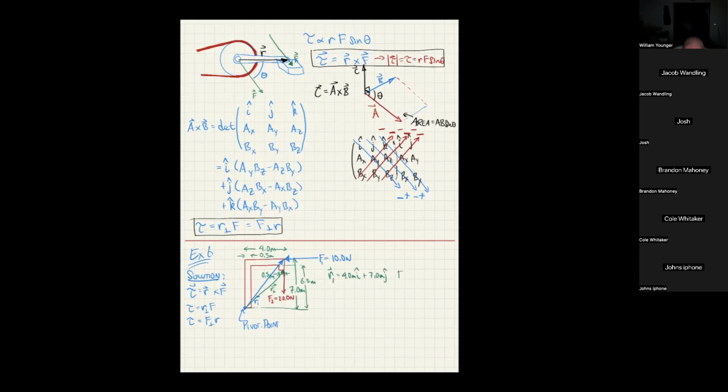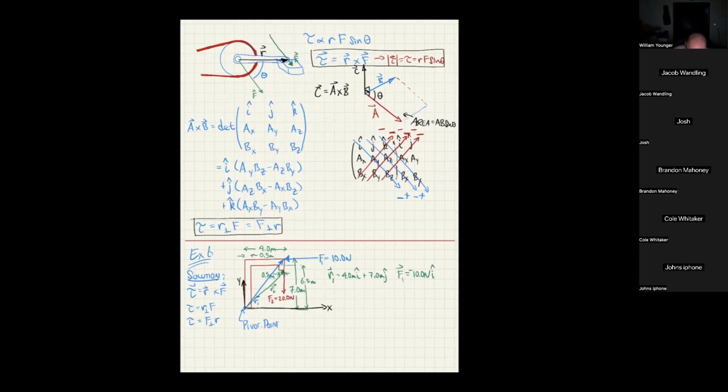And then I could say F1 is actually equal to 10.0 newtons, and that points in the negative I hat direction. In other words, I'm treating the pivot point as the origin of the coordinates, and I'm treating this as my x-axis, and that is my y-axis.